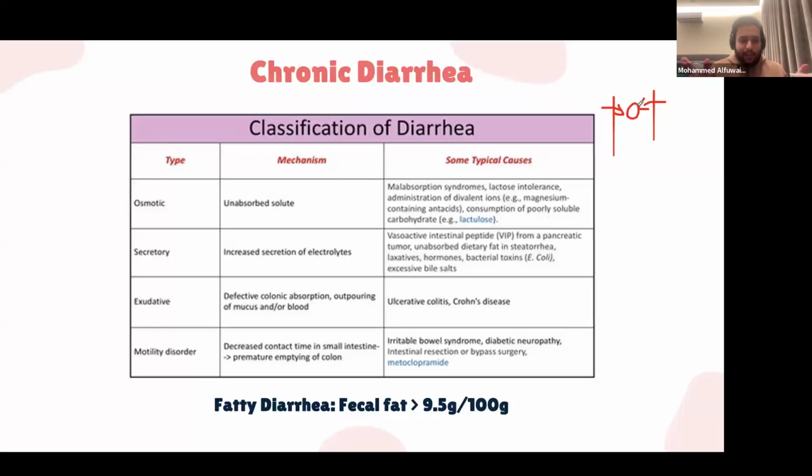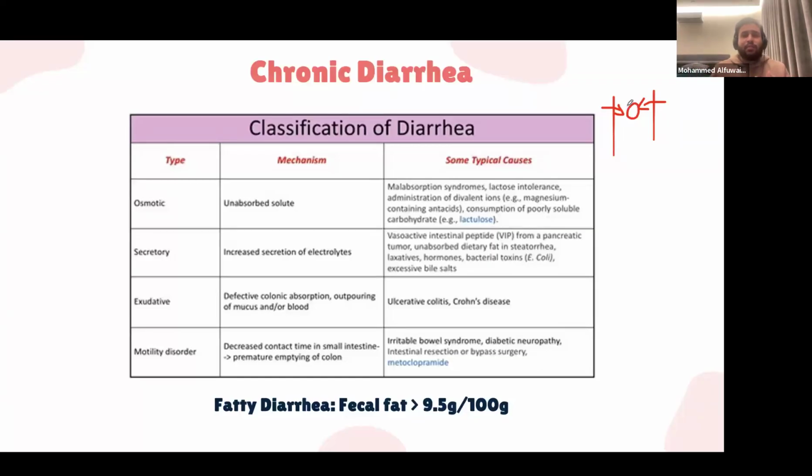By that, the causes of osmotic diarrhea are usually malabsorption, okay? A patient who has celiac disease, a patient who has lactase deficiency, lactose insufficiency, they can't, for example, digest or absorb carbohydrates. They can't break down carbohydrates. It will accumulate in the bowel lumen, so this will bring water into the lumen. Okay, so that's part of the causes.